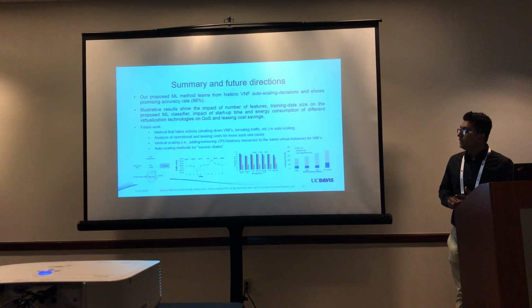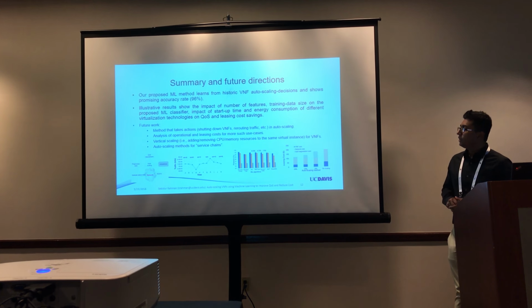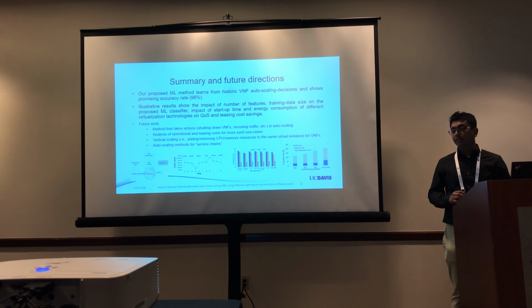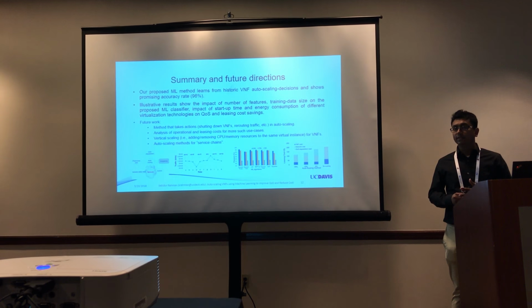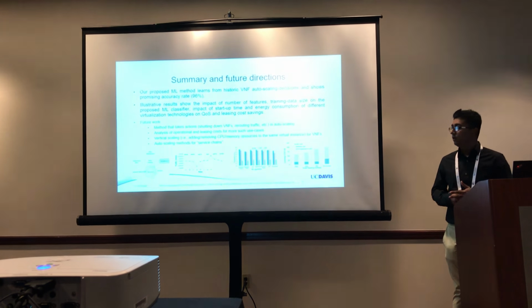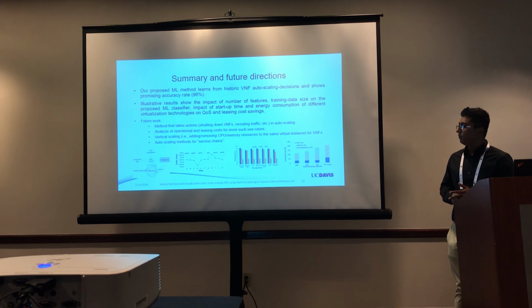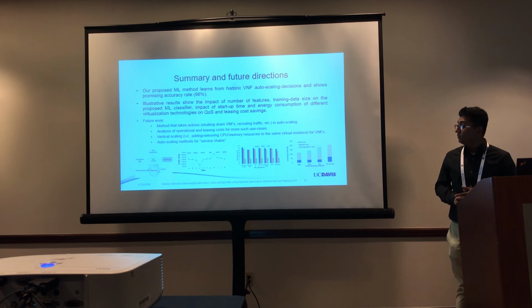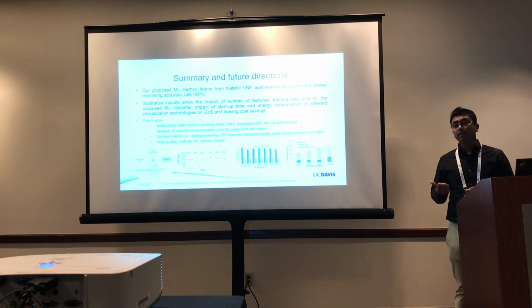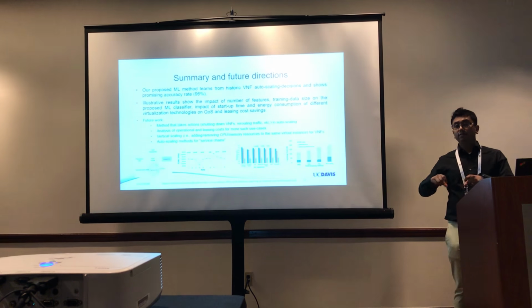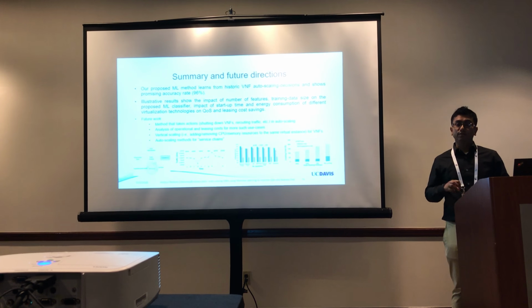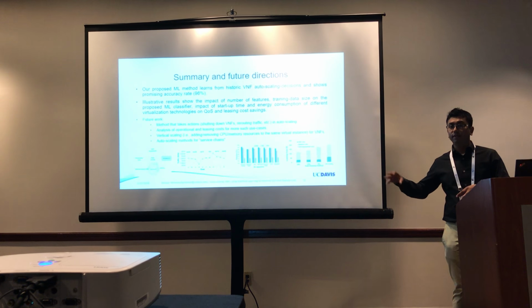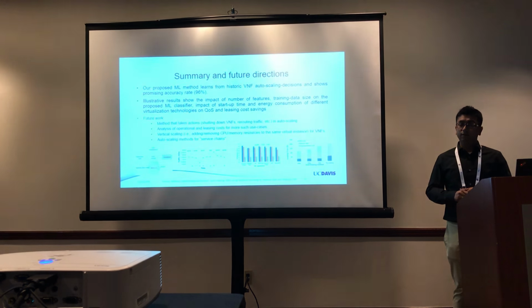Another direction would be analyzing the operational and leasing cost for such use cases, for more and more scenarios like edge computing and 5G deployments. Another interesting direction, and one of my favorites, is that for this study we are looking into horizontal scaling. So every time I need new resources, I run another VM and serve the traffic.